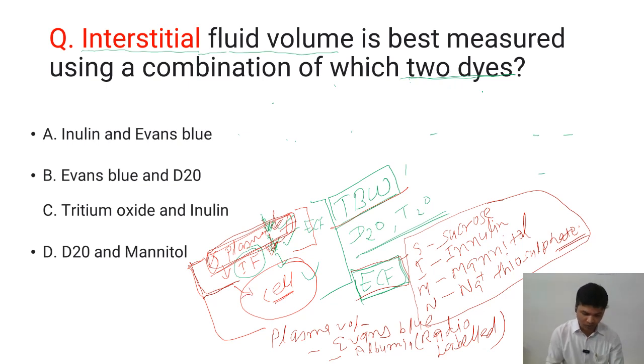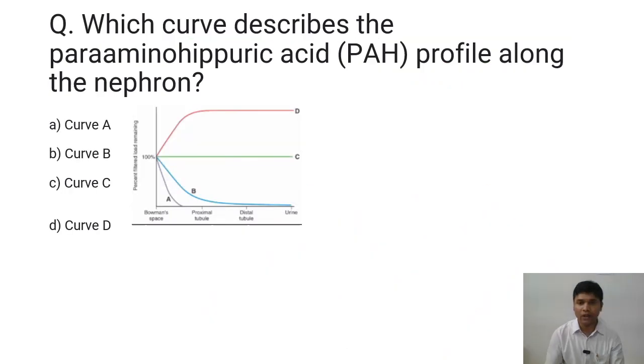These dyes are D2O and T2O. Then to calculate extracellular fluid, which is plasma as well as interstitial fluid, these two compartments, the dye should go here, not inside the cell. So these are sucrose, inulin, mannitol, and sodium thiosulfate. These dyes we can easily use.